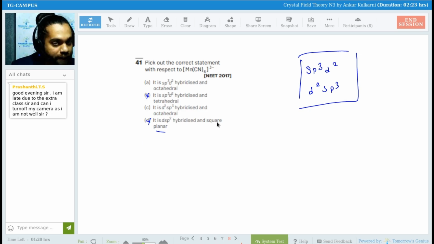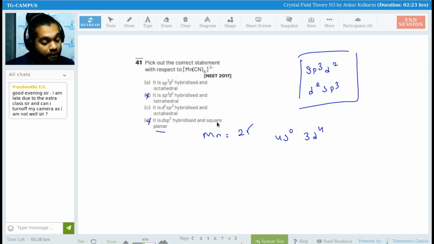So if it is a strong field ligand, Sarjana, Mn is what? Mn is 25. But we have Mn plus 3, so it is 4s0 3d4. Okay. Fine.